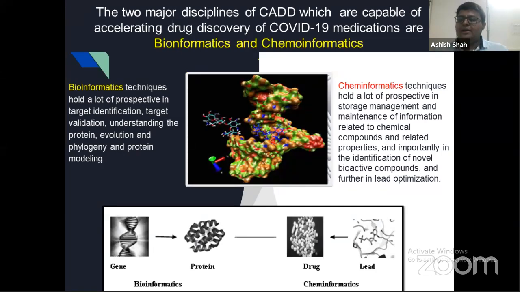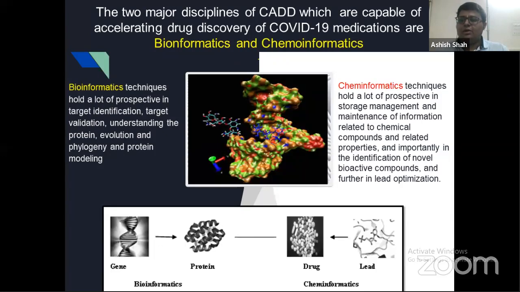Bioinformatics is related to the biological target. If you want to work on target identification and validation, you need knowledge of bioinformatics. And if you want to discover a new molecule based on its properties, then you can go for chemoinformatics. Broadly, bioinformatics is about target identification and validation, and chemoinformatics gives you a lead compound.